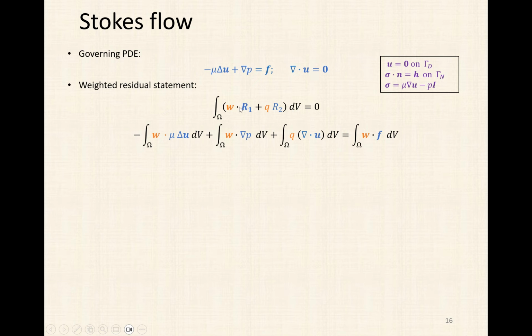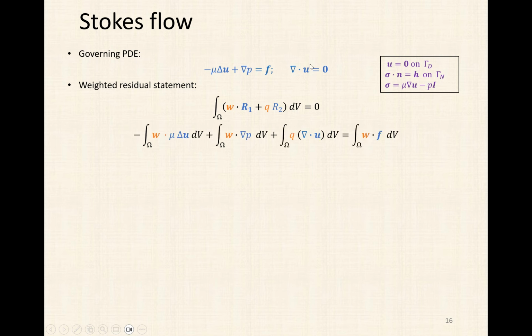So when we write the weighted residual statement, we need two weight functions. One is for the residual of the momentum, and the other is for the continuity equation. In the continuity equation del dot u is a scalar, so q is a scalar, and the momentum equation is a vector, so w is a vector. Afterwards it's all the same.